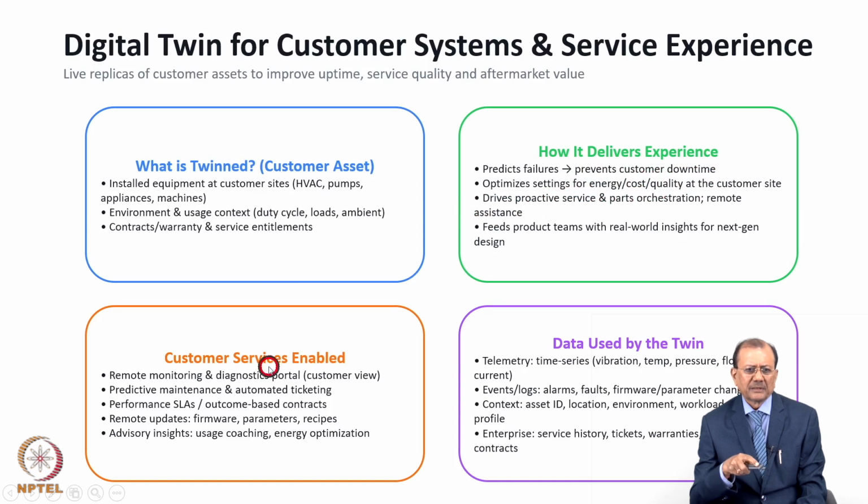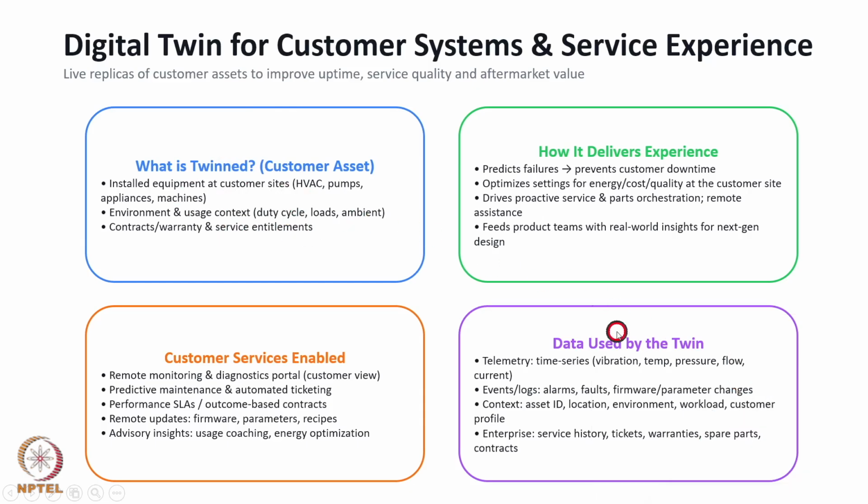Customer service enables remote monitoring and predictive maintenance. So these kinds of expectations are there from the digital twin, and we want to use this digital twin not for one or two customers. It should be customizable for any number of customers, for any kind of equipment, etc. So the differentiating factor here is the data. So what kind of data does the digital twin have?